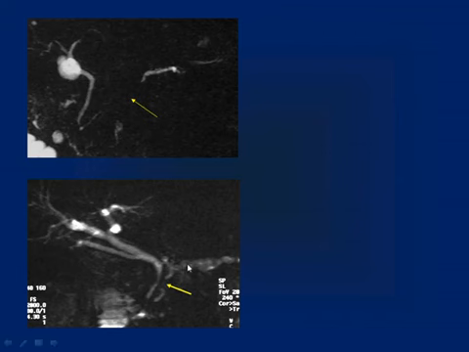But the cases are not always so obvious, because we can see dilation of the main pancreatic duct, two examples of different types of stenosis, but these two cases may look very similar if we compare the two images.